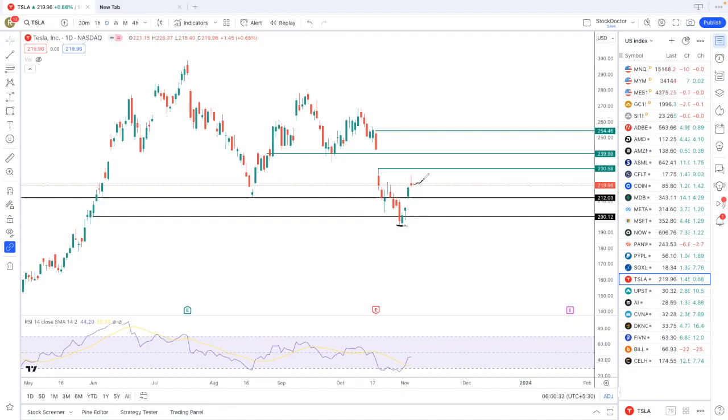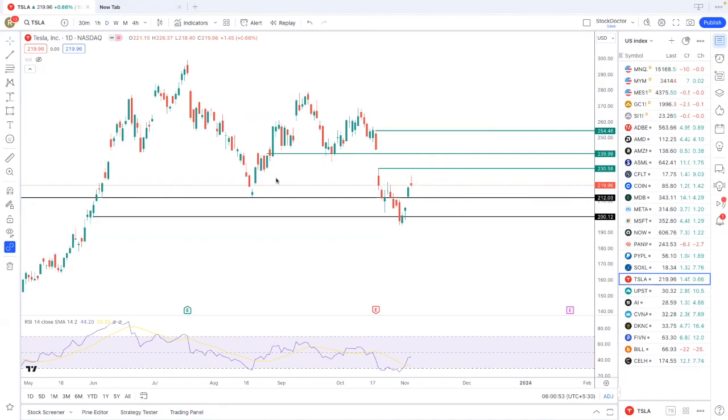I still think that it can go up more. 230 is the first target, 240 is the second target, and 254 is the third target. If it doesn't go above 230, then it can go back toward 212 and 200.